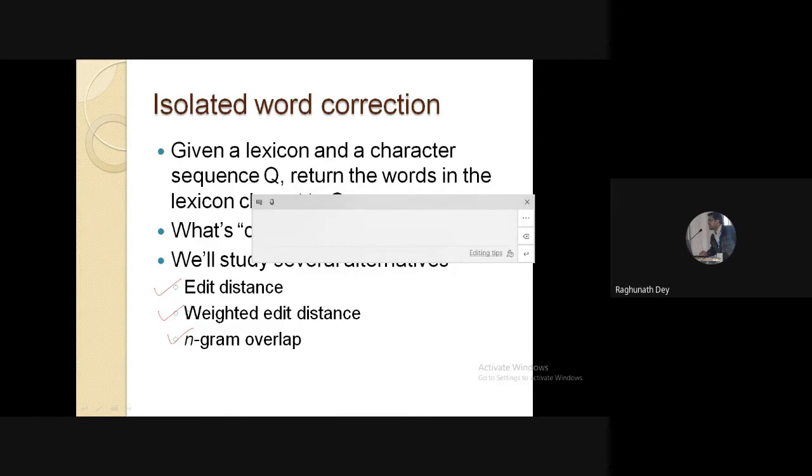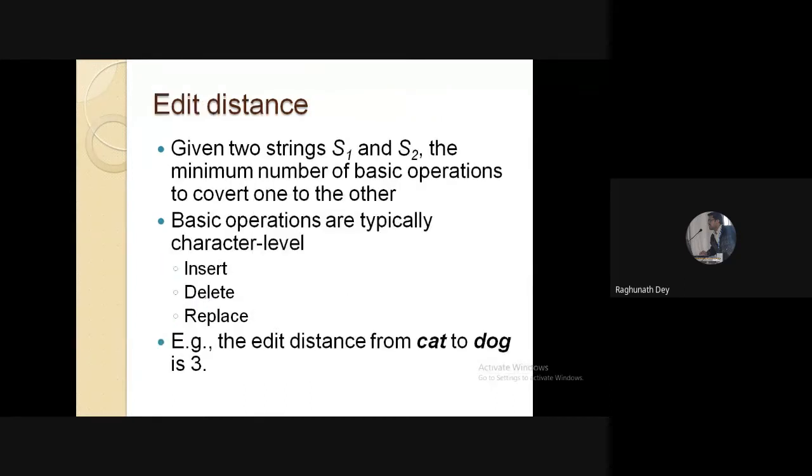First, coming to edit distance: how will this edit distance help you find the correct word instead of the misspelled word? First, try to know what edit distance is. Basically, edit distance helps you find the dissimilarity existing between two strings. Whatever entry is given by the user to the search engine for finding the correct posting list is nothing but a set of characters, or a string.